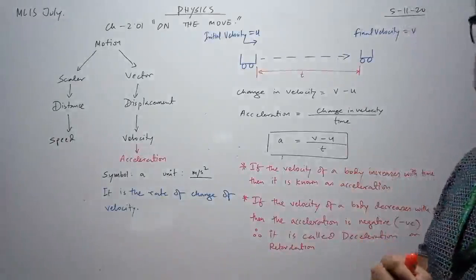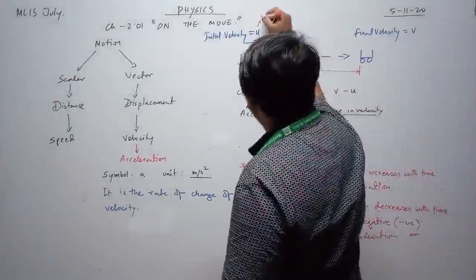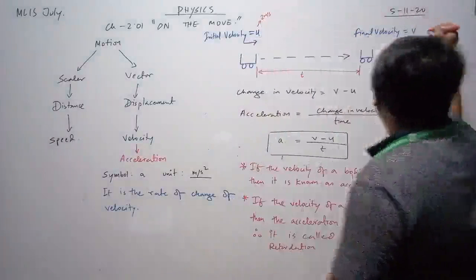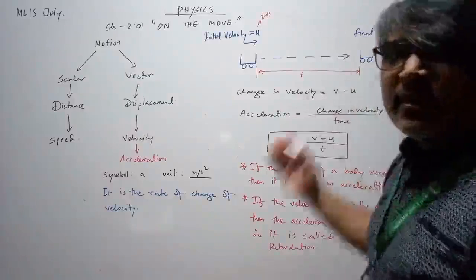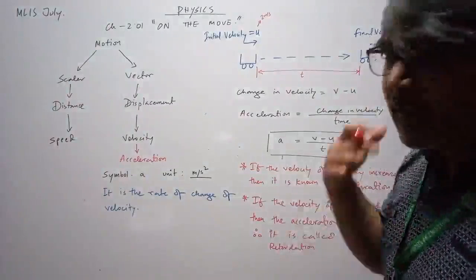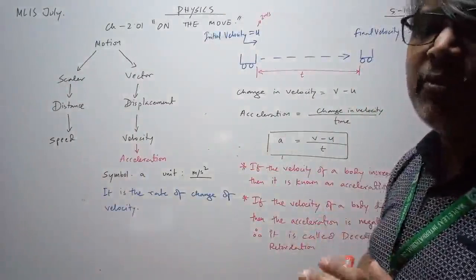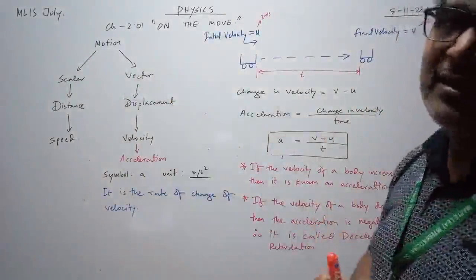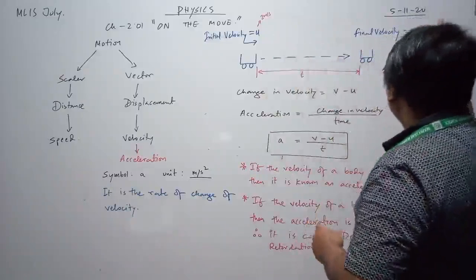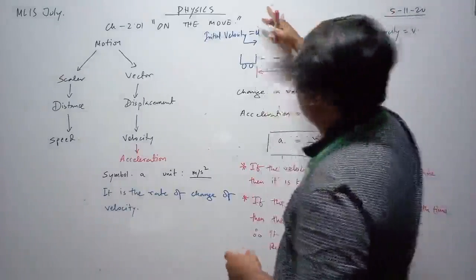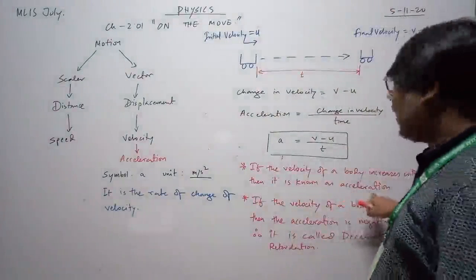If the speed changes, for example the speed was 2 meters per second and here it becomes 20 meters per second, the speed has increased, changed, then we have acceleration. Suppose it is going on a straight path, and if the velocity increases, then we say it is accelerating.